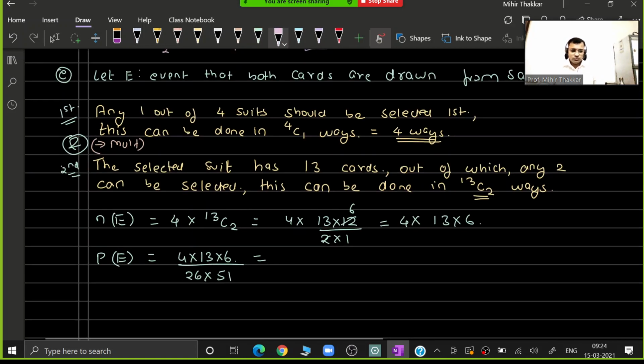So cancellation over here. This gets cancelled. It becomes 3. This becomes 13. 13, 13 go away. This becomes 1. This becomes 17. And therefore I get 4 upon 17 as my required answer.